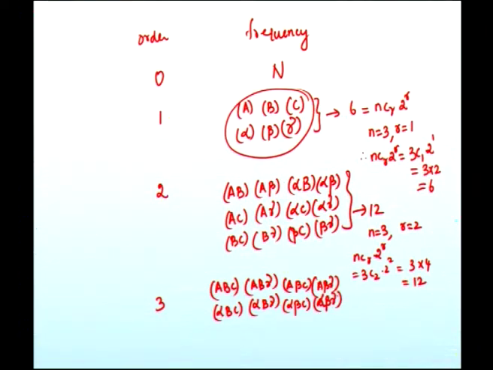How many do we have? 8. How is this 8 arrived? Again, n is equal to 3, r is equal to 3, NCR into 2 power r is 3C3 into 2 cube, which is equal to 8.